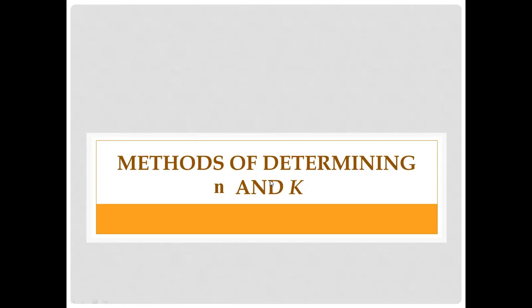As to how you do the maths, you already know it based on these four topics that we have discussed. So the next ones will rely on methods of determining n and k. There's still a trial and error, but it's not one in which you have to guess and then plot and then test. No, it's just a guess and test. Just like you have an equation in your calculator, you place a value, for example 1, for the n, and you check whether the right side agrees with that.